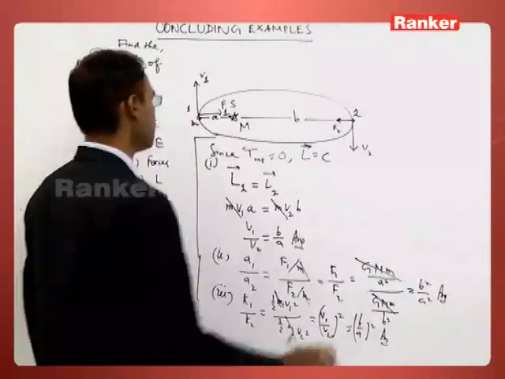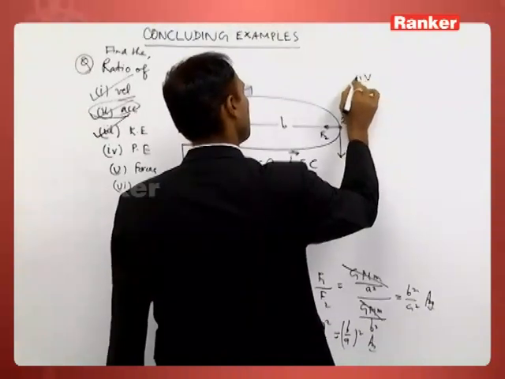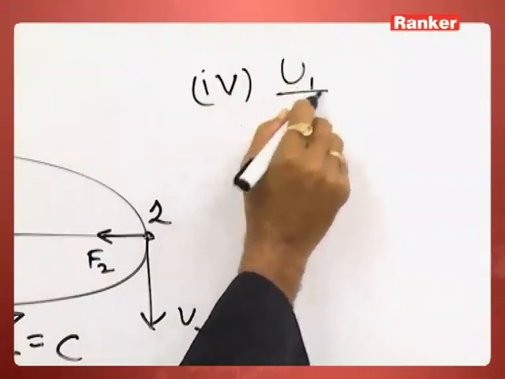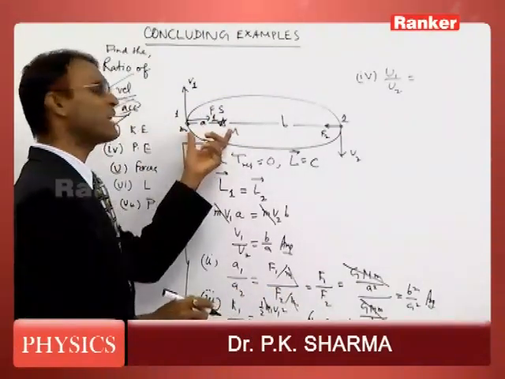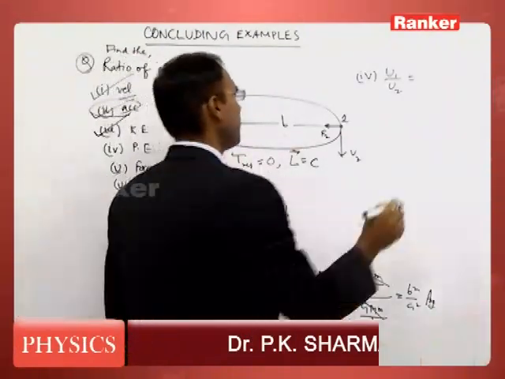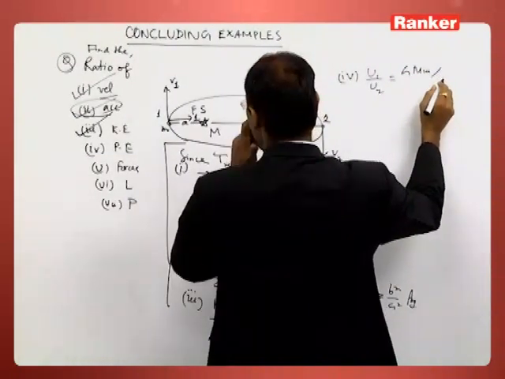And potential energy U1 upon U2. The expression for the potential energy of interaction between two masses in gravity is given as G m1 m2 by r square.